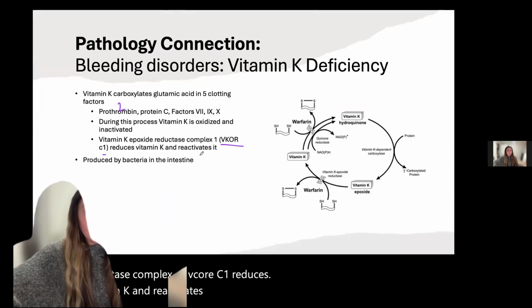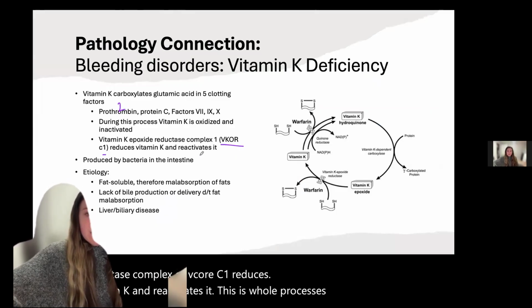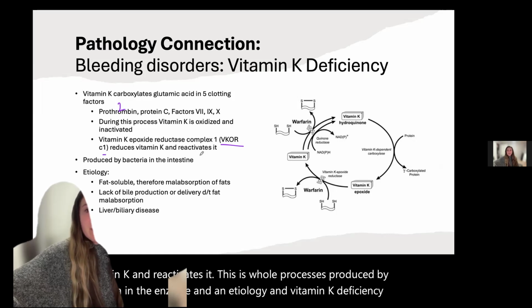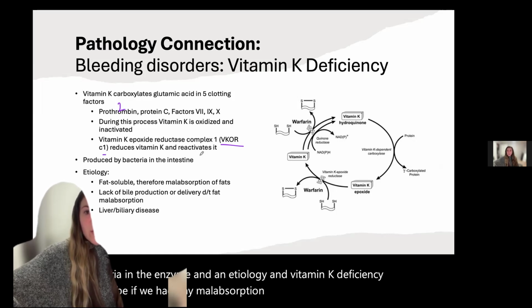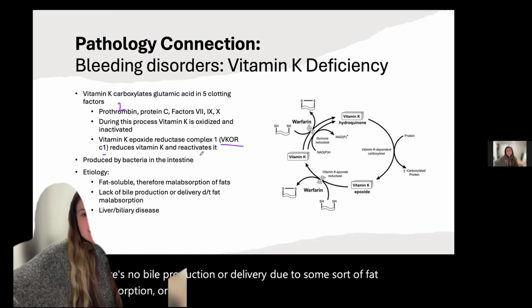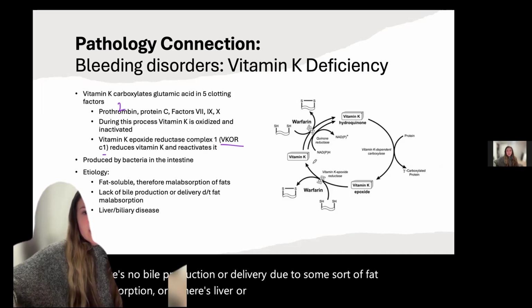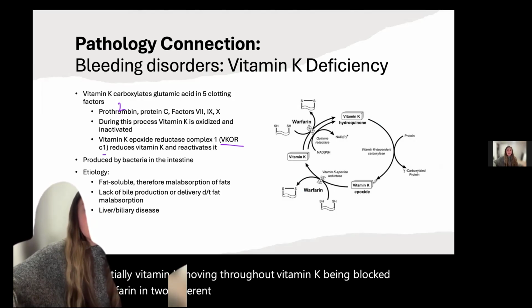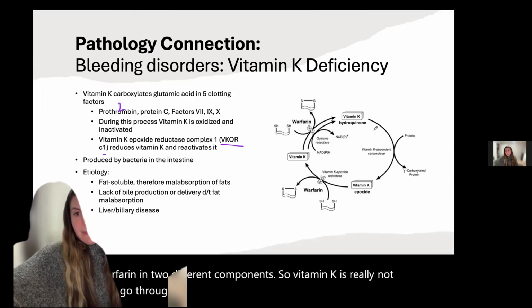This whole process is produced by bacteria in the enzyme, and an etiology in vitamin K deficiency would be if we had any malabsorption of fats, because it is a fat-soluble vitamin. If there's no bile production or delivery due to some sort of fat malabsorption, or if there's liver or biliary disease. So this is showing essentially vitamin K moving throughout, vitamin K being blocked by warfarin in 2 different components. So vitamin K is really not able to go through its normal life cycle.